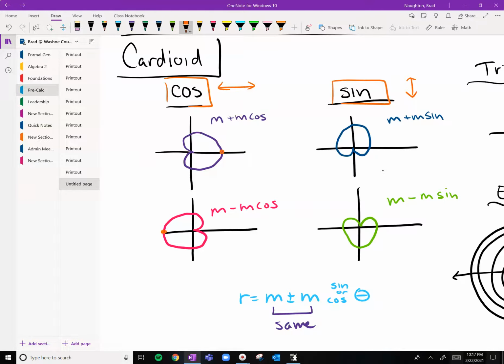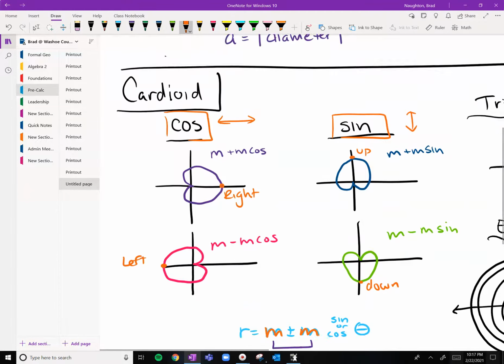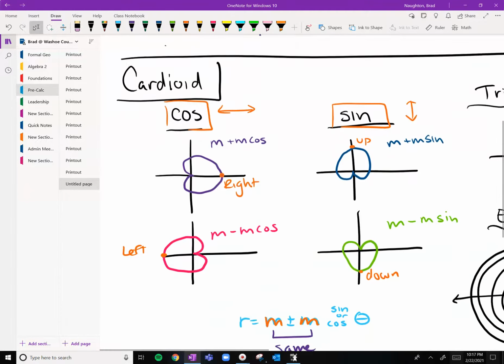If it's a negative, the tip is going to be on the left. So left, right, and then up and down. We probably knew that right off the bat. Remember that these two values have to match. It's either sine or cosine, just like up here it's sine or cosine.